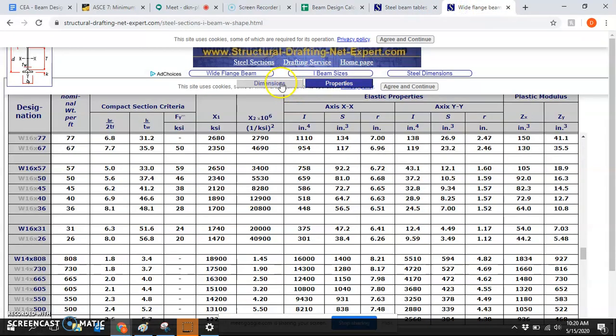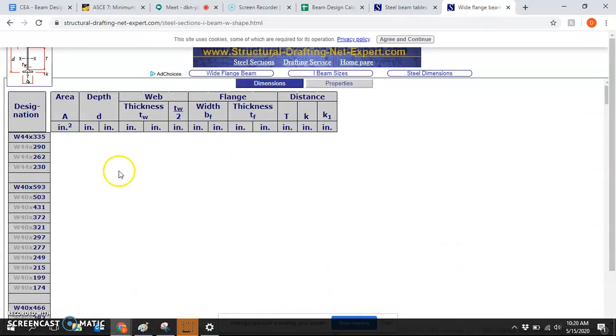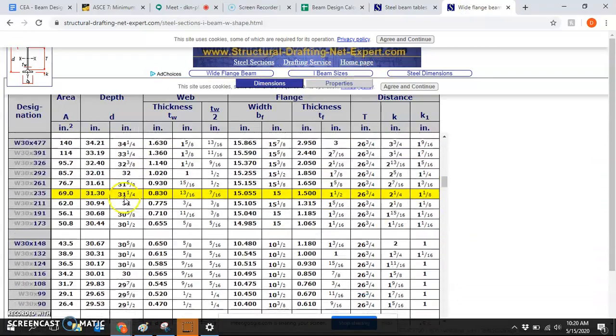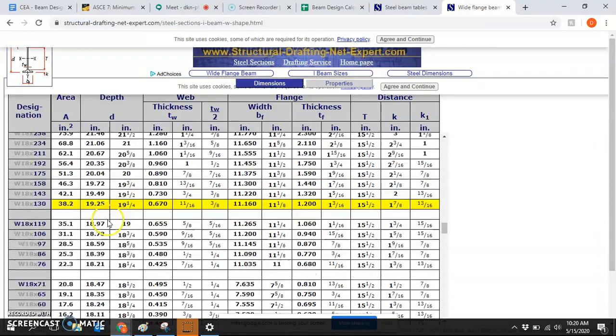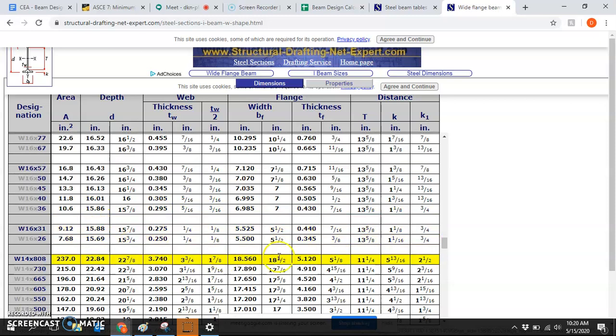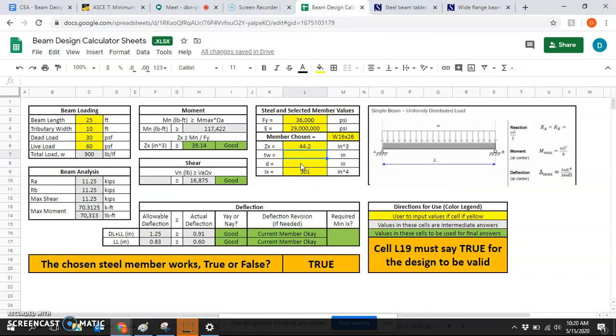And then we're going to go to dimension and go down to 16x26, and 0.25 and 1569. Boom. And good. This member works.